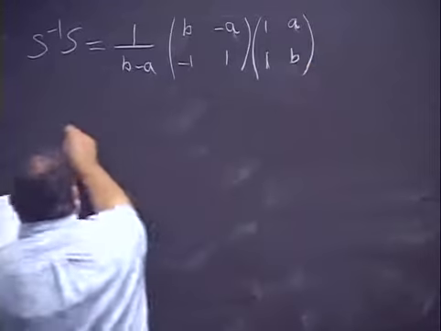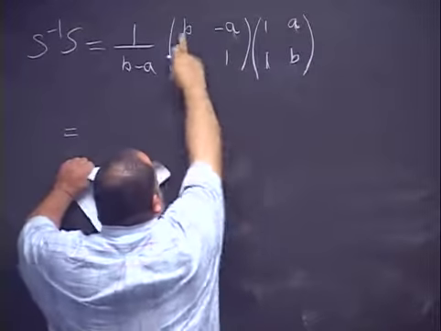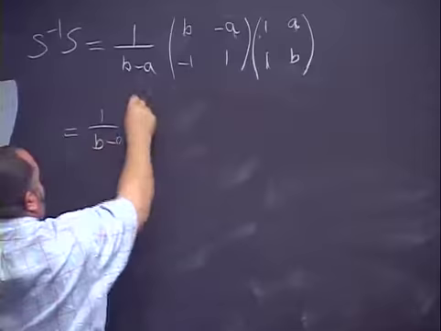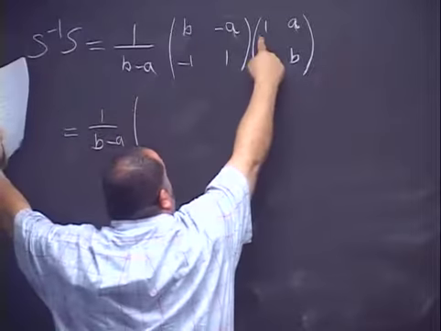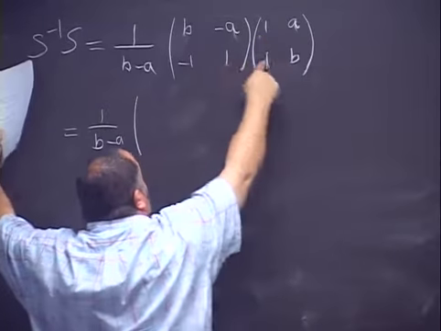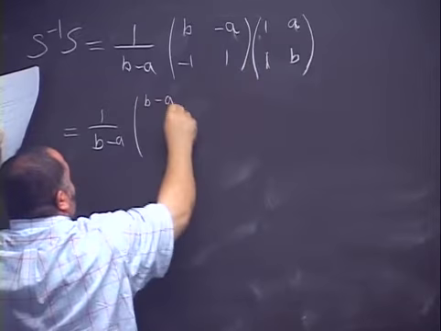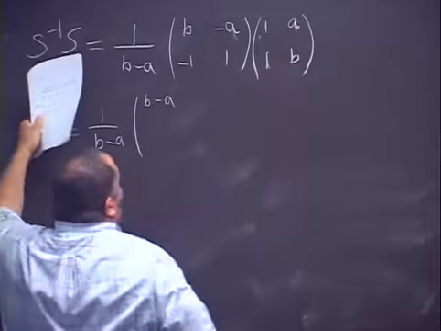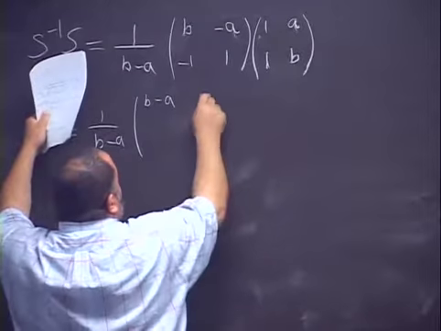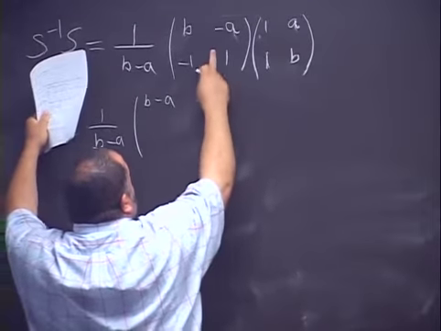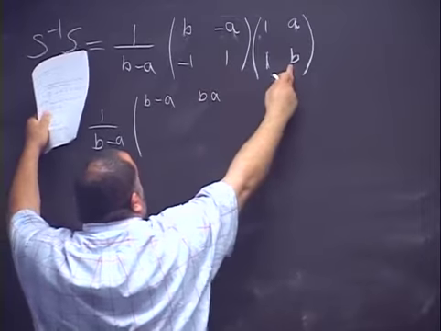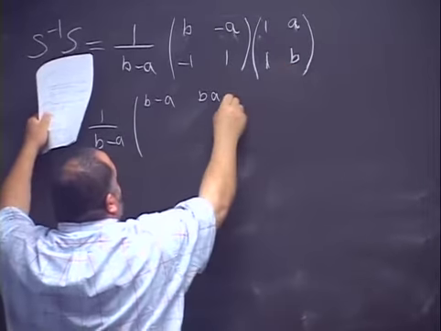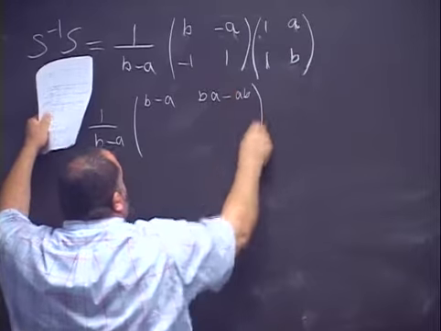If you do this, you will end up with B multiplied by 1 is B minus A, and then B multiplied by A is BA, and this is minus AB, so BA and AB cancel.